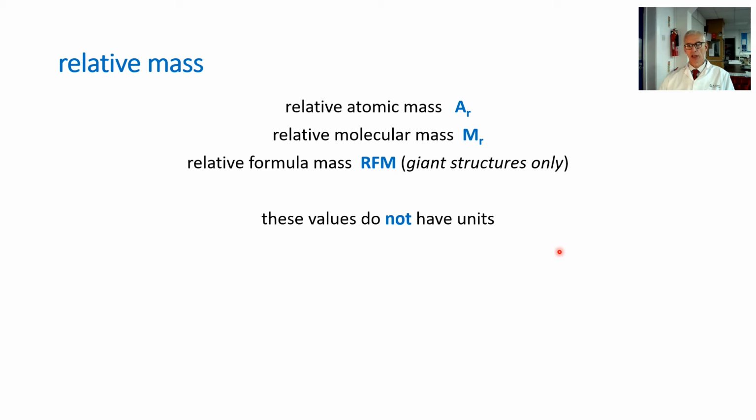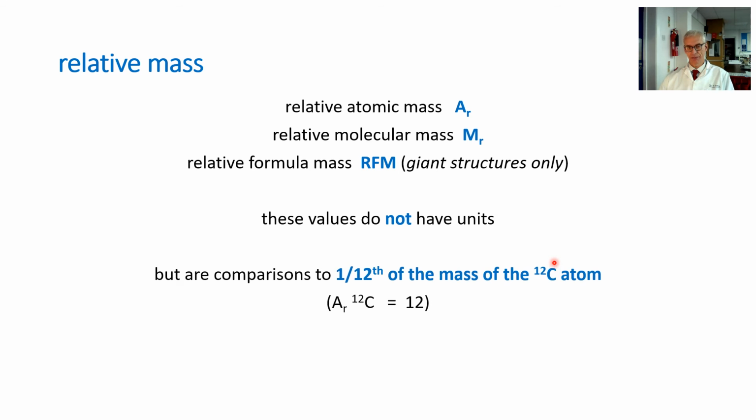That's because they are compared to a standard atom. They're compared to the mass of the carbon-12 atom. So the carbon-12 atom is designated a relative mass of 12, which means 1 increment on that scale is 1/12 of the mass of the carbon-12 atom.